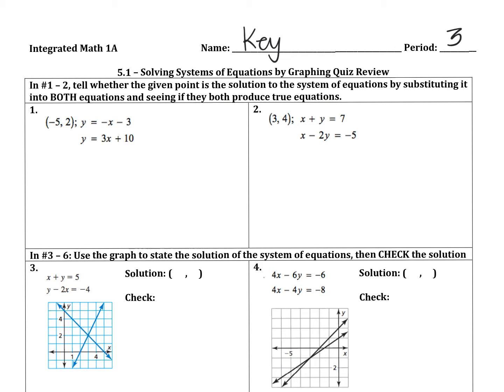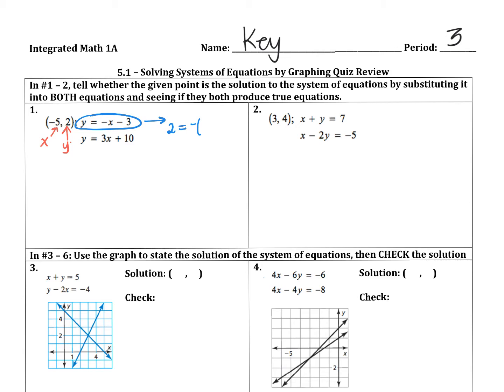Okay, so what that means is I'm going to use -5, I'm going to plug in for x. 2, I'm going to plug in for y into both equations. Let's use the first equation. We're going to substitute in y, which is 2, equals -x minus 3.